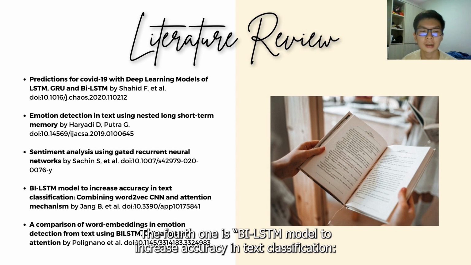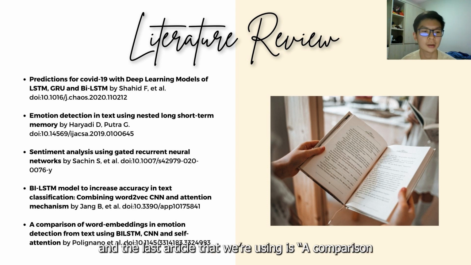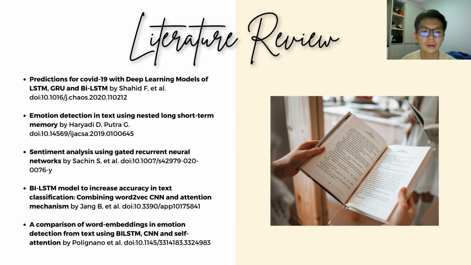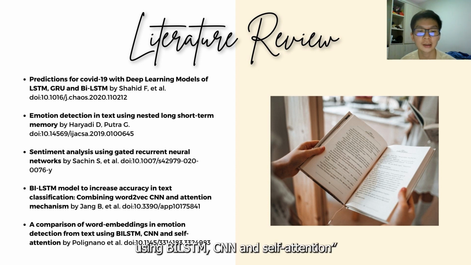The fourth one is BLSTM model to increase accuracy in text classification combining word-to-fact CNN and attention mechanism by Jiang B and friends. And the last article that we're using is a comparison of word embeddings in emotion detection from text using BLSTM, CNN, and self-attention by Polignano and friends.